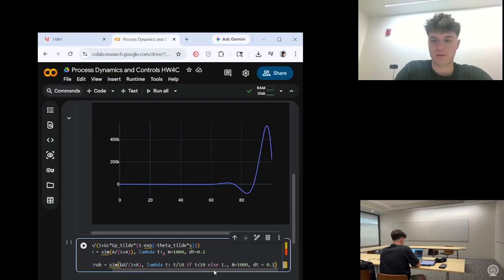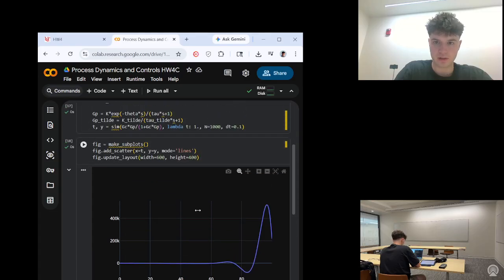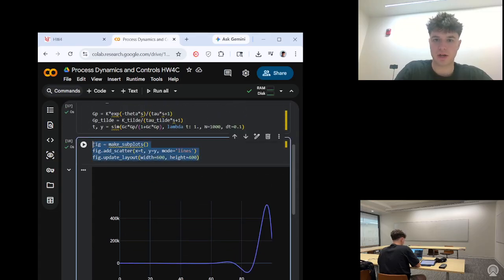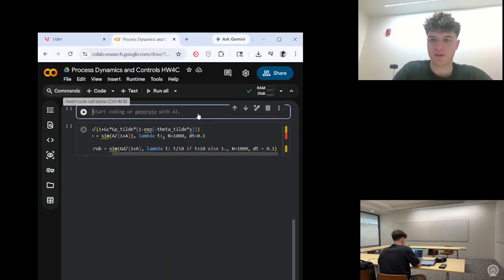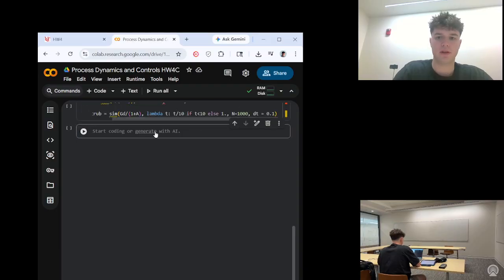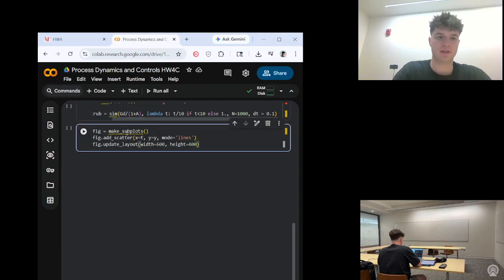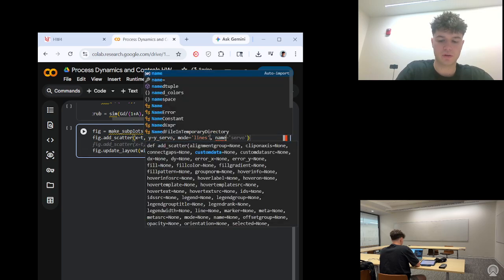And now we need to make some plots. So we're going to copy this as a template just because it saves us some time. So here, this top line, fine, scatter, except this time we want x to equal t. We want y to equal y underscore servo. Mode is going to be lines, and we want to name this one servo.